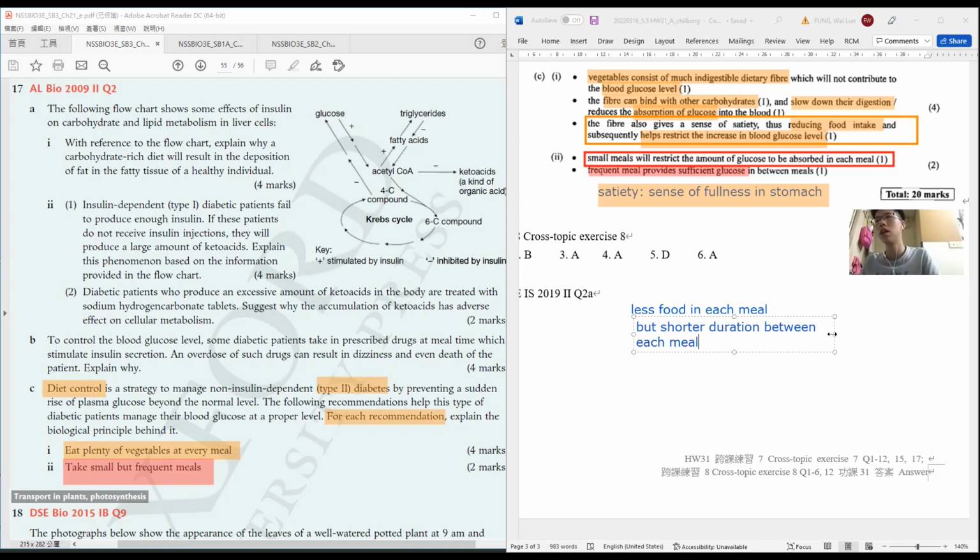Okay, I want to make sure that you understand this part. You need to eat less food in each meal, so you have less glucose. The glucose level will not go too high. And then you also have a shorter duration between each meal, so you also provide sufficient glucose.